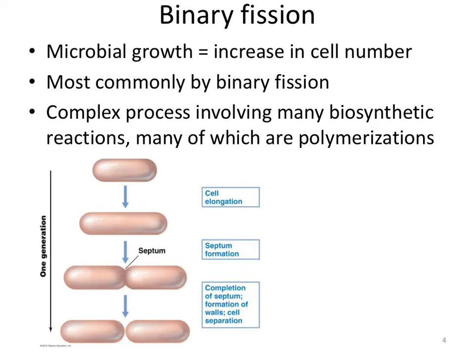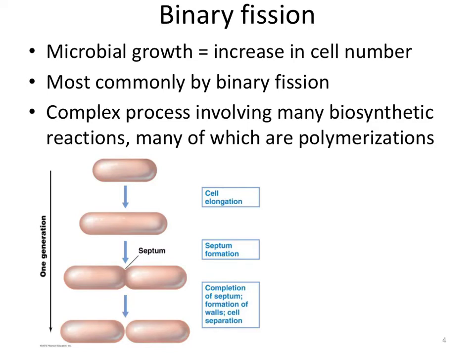So the basics of what happens during binary fission are shown here in this figure, but it's missing a lot of crucial details. And so I want you to remember as you look at this figure that in order to replicate the cell, you have to first replicate all of the internal contents of the cell.